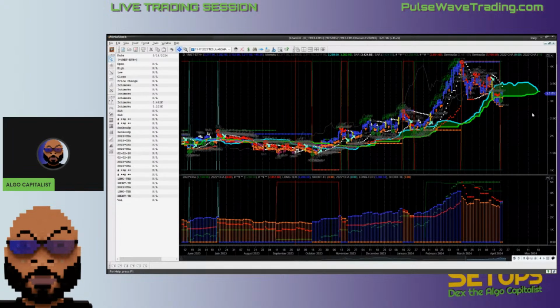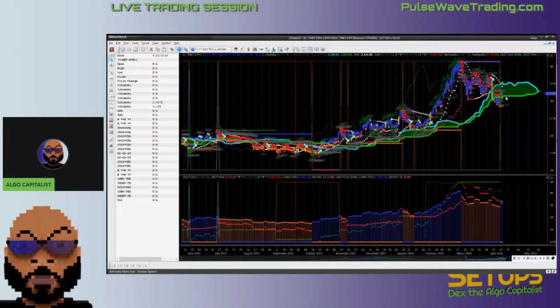And as you can see, Ethereum with the correction got down to the bottom of the Kumo cloud, broke below it for a little bit, and then found support here, and then has moved its way back into the Kumo cloud. So the correction did deepen, one more leg down. Now it's pausing here and trying to come back up and trying to rally again.